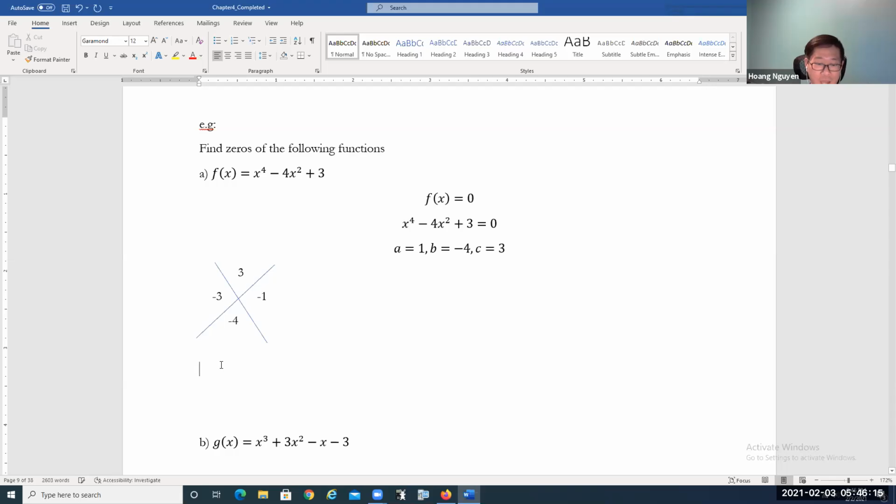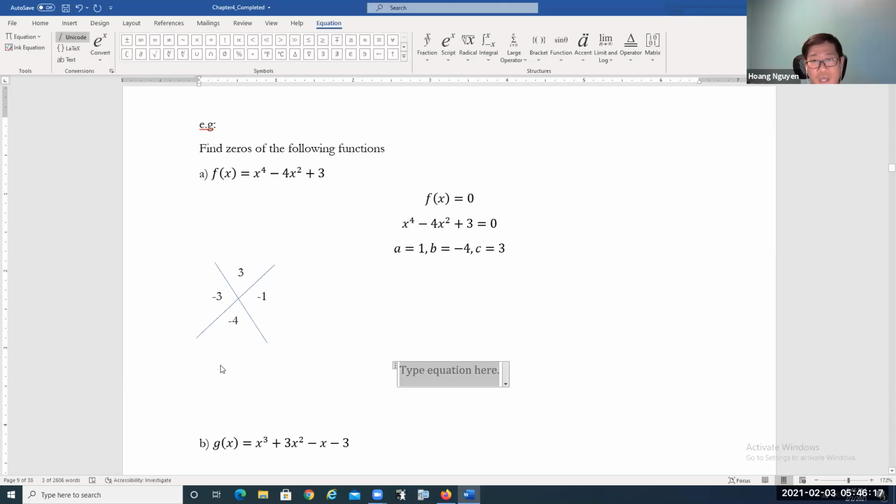After we find those 2 numbers, we can factor this trinomial. But watch out, this is x to the power 4. So we have x to the power 2 minus 3, because that's a -3, and then x to the power 2 minus 1, equal to 0.